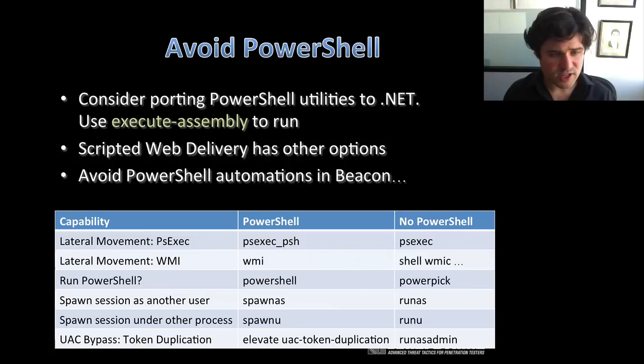If you are running PowerShell today, the powershell command in Beacon uses powershell.exe. That, of course, can be dangerous. In some cases, the PowerPick command, which is a temporary post-exploitation job, very similar to execute-assembly in a lot of ways, will let you run PowerShell without powershell.exe. But be aware, PowerPick tries to downgrade to PowerShell v2.